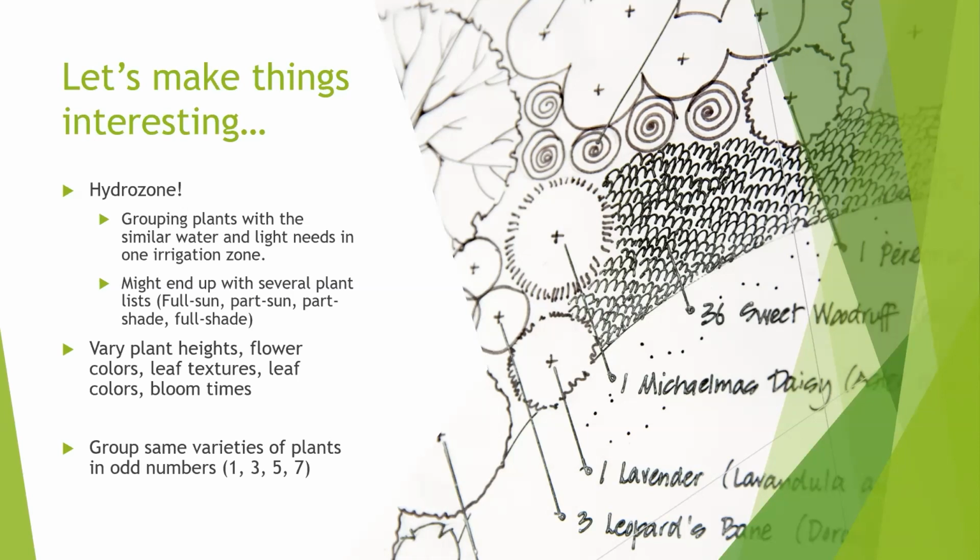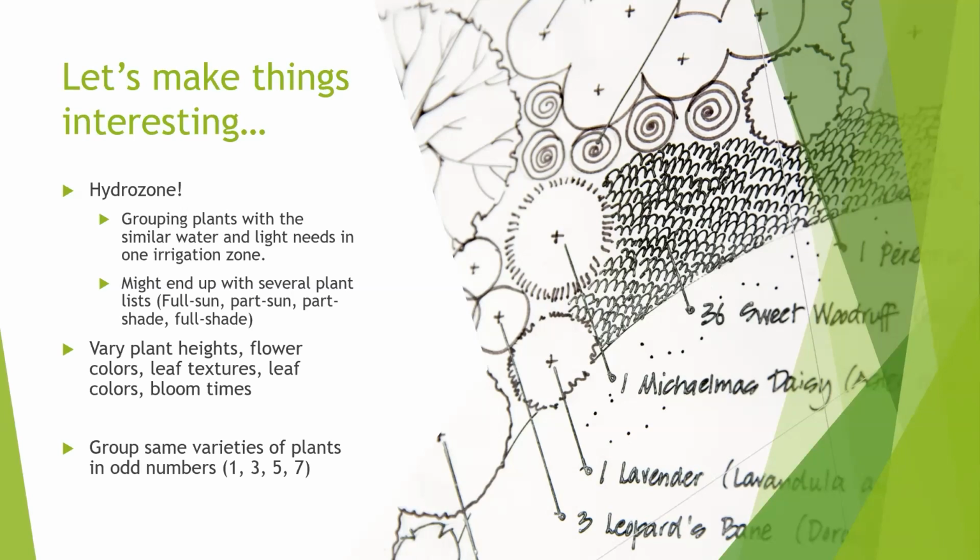Then another design tool is to use odd numbers in your yard. Unless you have a very symmetrical yard, you would use odd numbers and use groups of, if you're going to be grouping them, 3, 5, 7. You can also use groupings of groups in those same odd numbers.